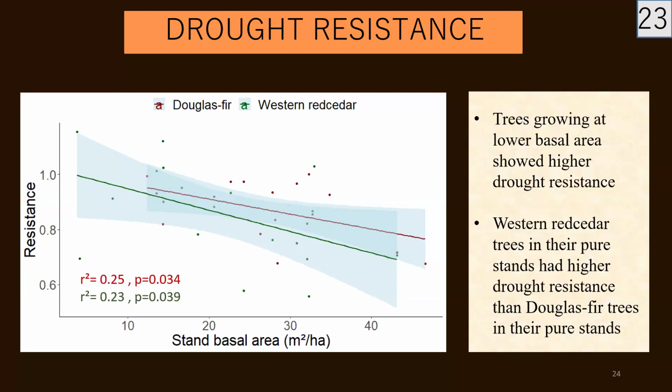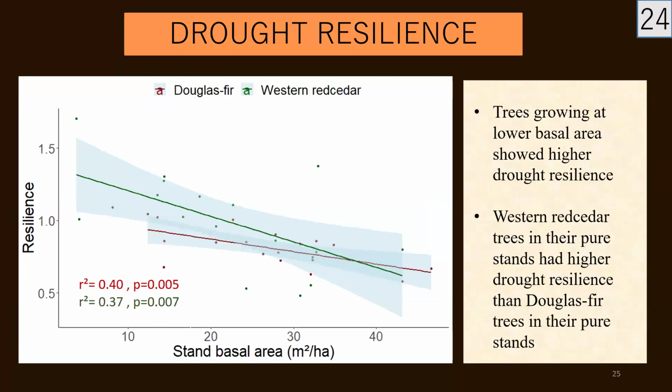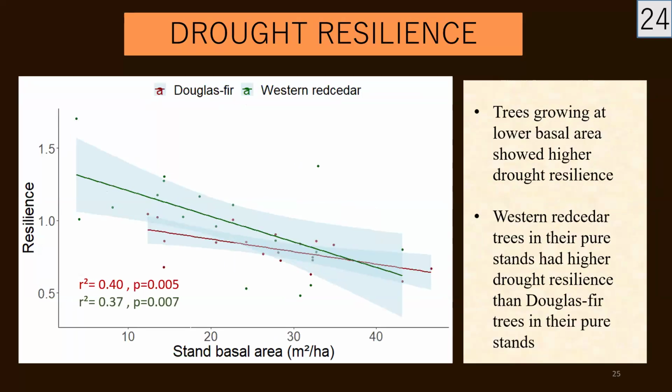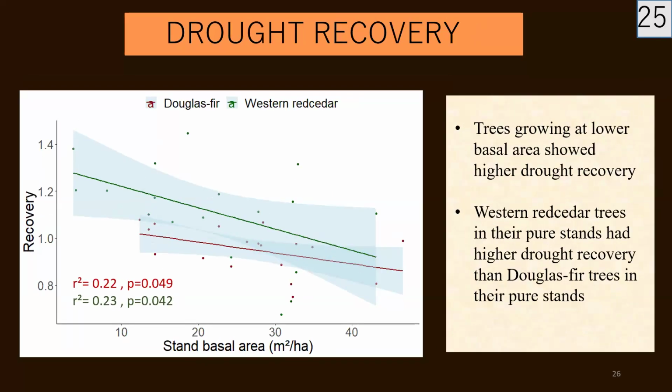We also saw that western red cedar trees in their pure stands had higher drought resistance than Douglas fir trees in their pure stands. Maybe that is because, compared to Douglas fir, western red cedar trees are small and can easily use up resources. That could be a reason. A similar observation was seen for drought resilience and drought recovery. Basically, all three drought indices showed a similar result: at lower basal area, trees had higher drought resistance, higher drought resilience, and higher drought recovery.